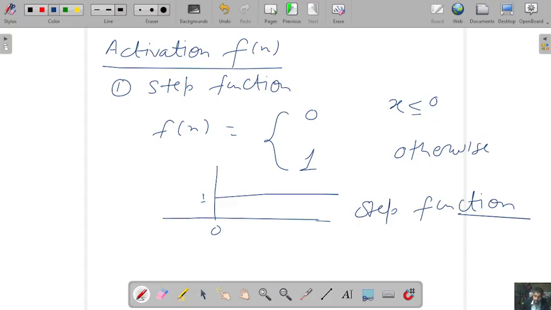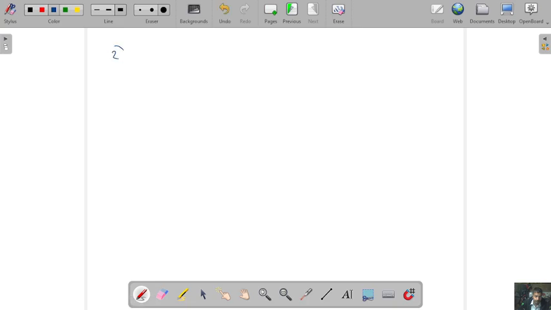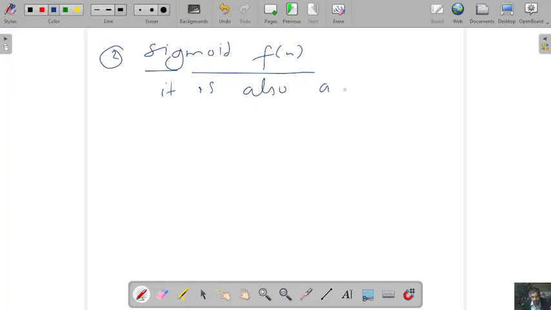And next is second, sigmoid function. Okay, sigmoid function. It is also an activation function because its output is between 0 and 1.